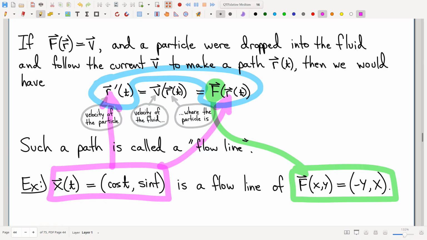Yes? Are you able to combine different vector fields? Like, say, the path of the leaf depends on both the flow of the water and the wind? Let me think about that. Sure. We could do something like that. What you'd need to have some knowledge of is how much does the wind affect the motion and how much does the water affect the motion, and then you could, as you say, kind of combine them to get a combined vector field.